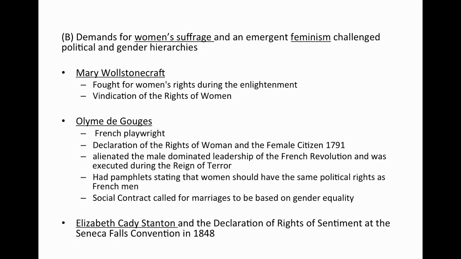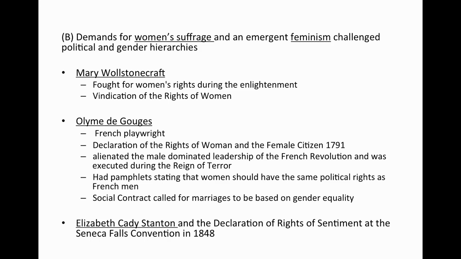All right, B. Demands for women's suffrage and an emergent feminism challenge political and gender hierarchy. So just examples of the growing women's suffrage movement. Mary Wollstonecraft would be a great fact to remember. Olympe de Gouges, a French feminist who writes the Declaration of the Rights of Woman and the Female Citizen.